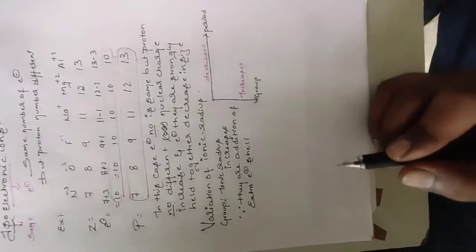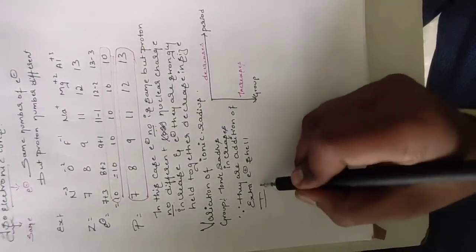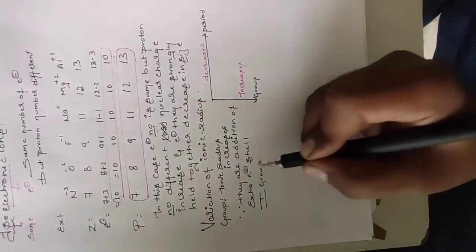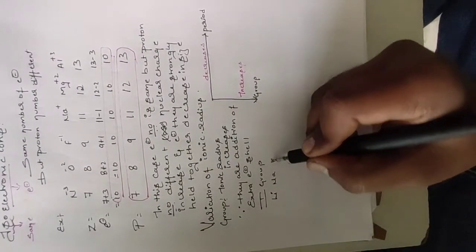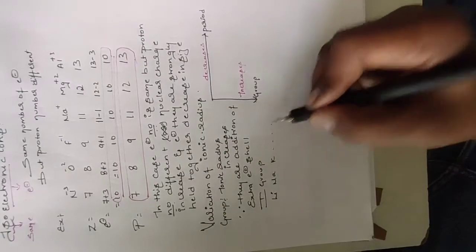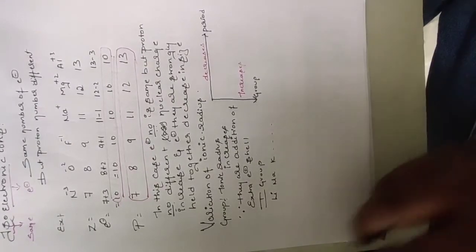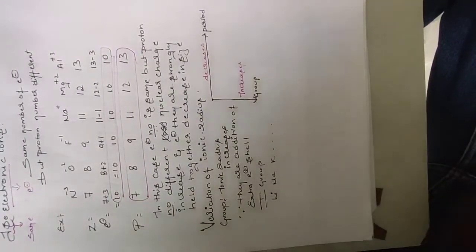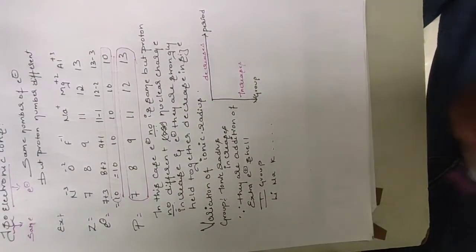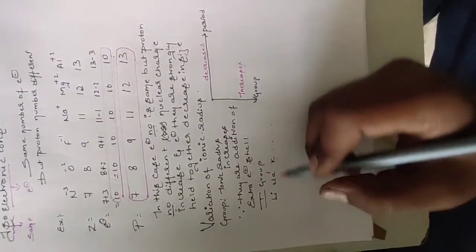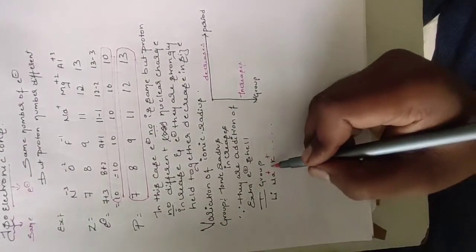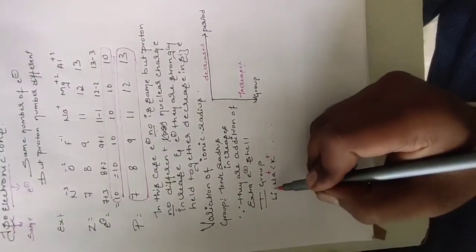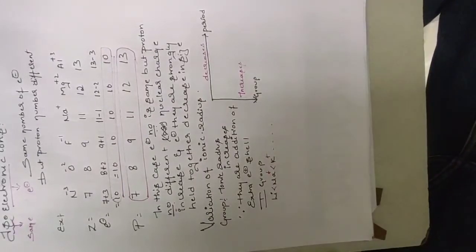For example, take the first group: lithium, sodium, potassium, and so on. The lithium has plus charge, sodium plus, potassium plus, then potassium is greater than sodium, sodium is greater than lithium.